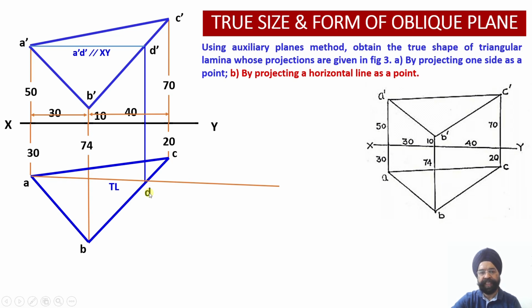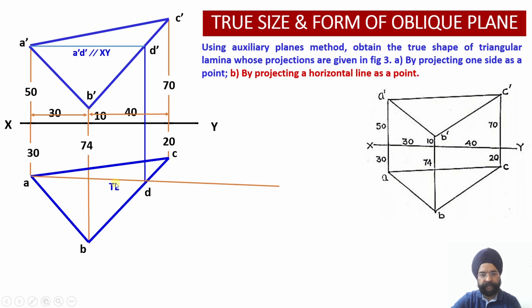Having obtained this point D, now the AD line, you can see, is not parallel to XY. The special characteristic of this line AD is that it is the true length of the line A dash D dash. So in the given figure, I am able to obtain the true length of one of the lines, which happens to be an imaginary line.